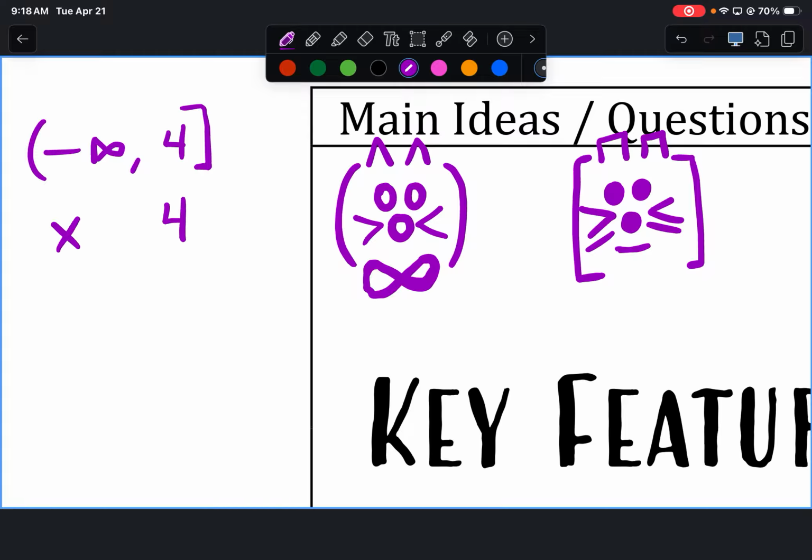Is x less than or equal to 4 in that scenario? Or is it greater than 4? It's negative infinity to 4. Is that less than 4 or greater than 4? Less than 4. And it's a bracket, so it's less than or equal to.